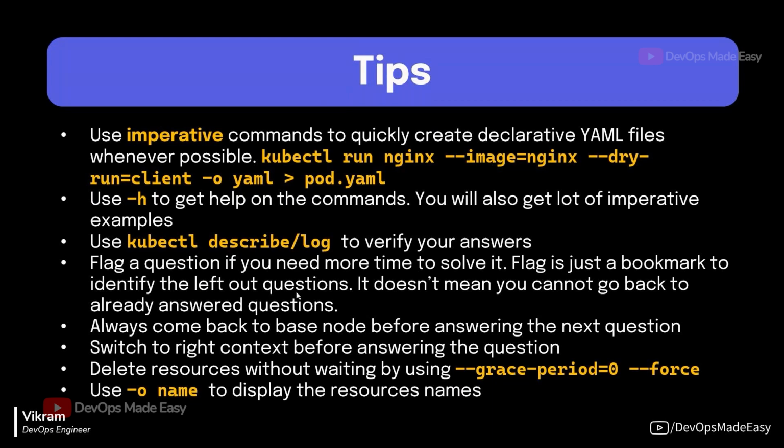Let's say you have to delete a pod. Using kubectl delete pod and the name of the pod will take some time. If you want to delete it immediately, you can set the grace period to 0 and hyphen f.